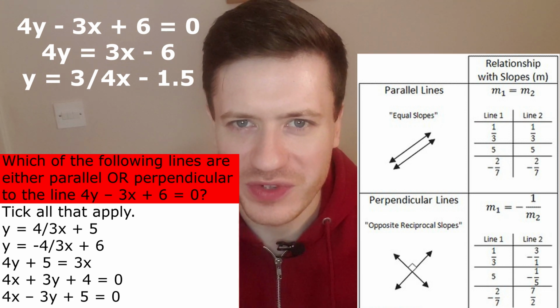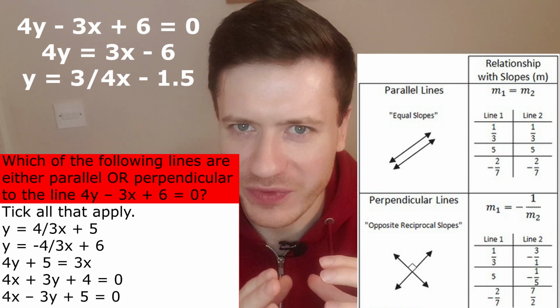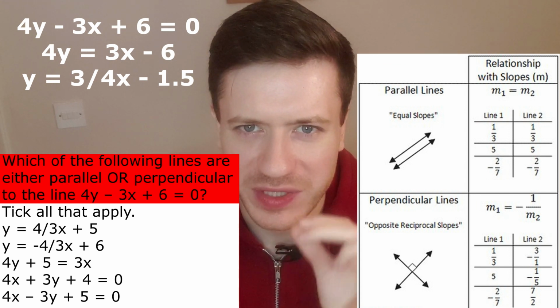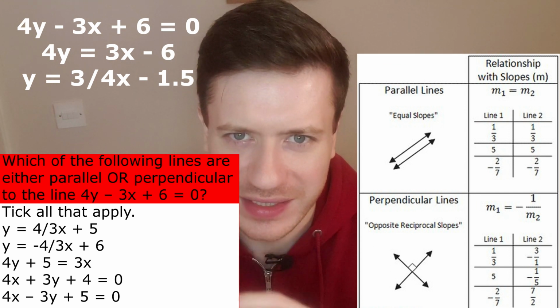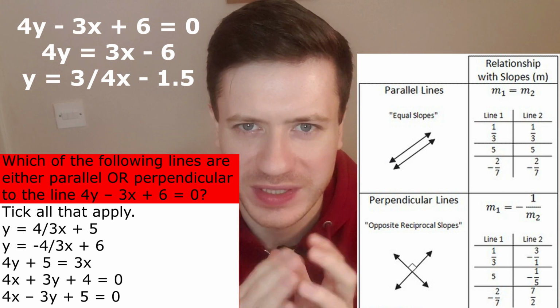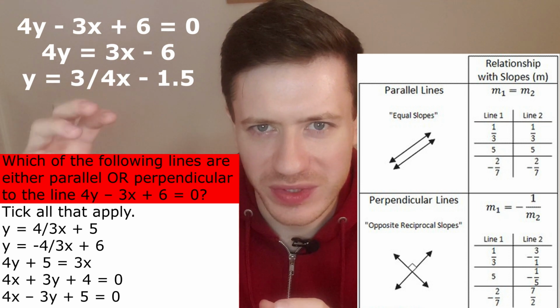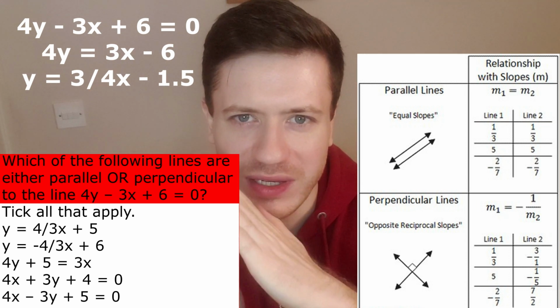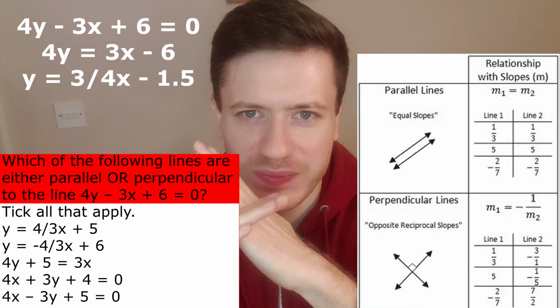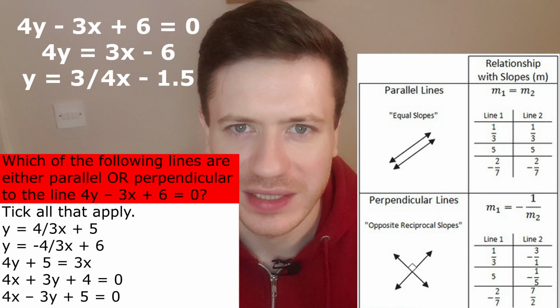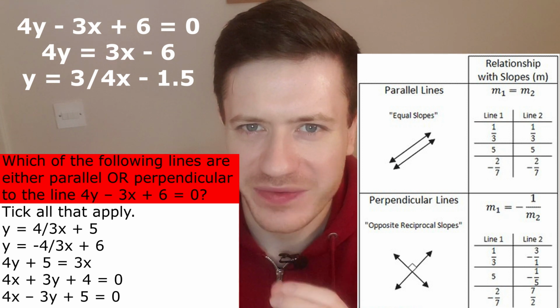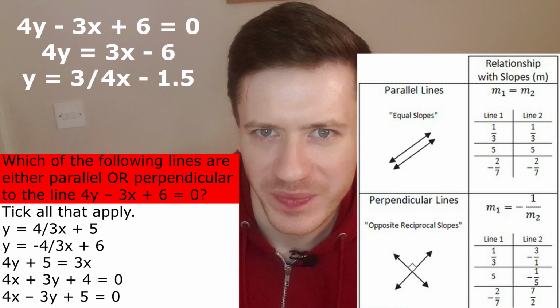Your job is to rearrange all the others in that same form and look at the m's, look at the numbers next to x. Those are our slopes. If they're the same as 3/4, that means we've found a parallel line. If they're the negative reciprocal, we've found a perpendicular line. Just quickly, what's the negative reciprocal of 3/4?